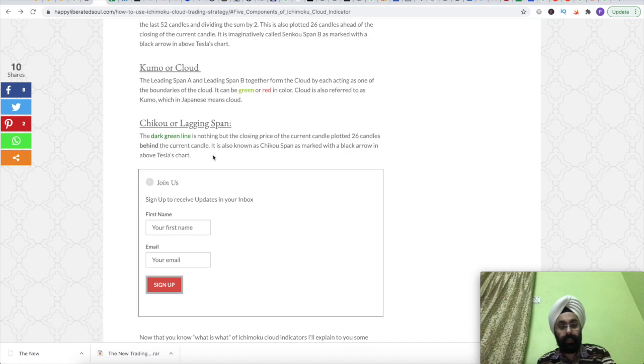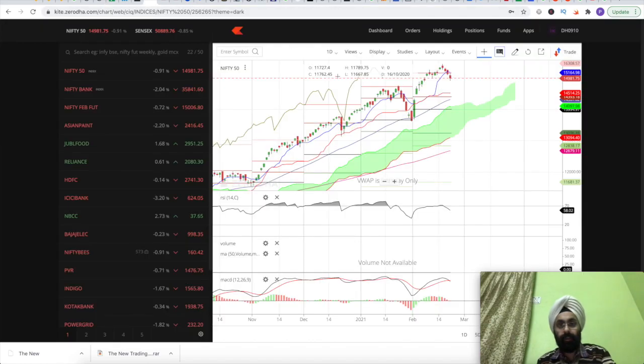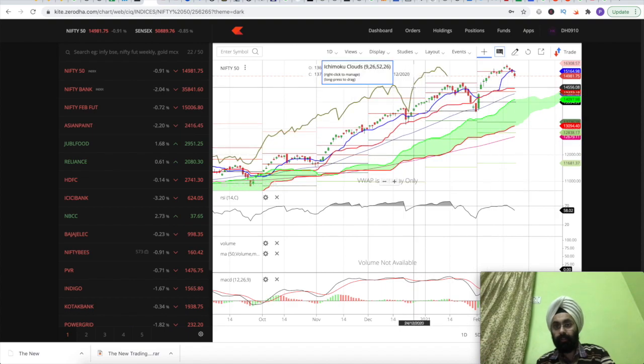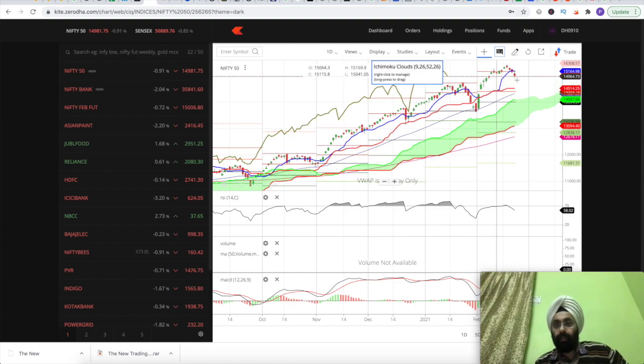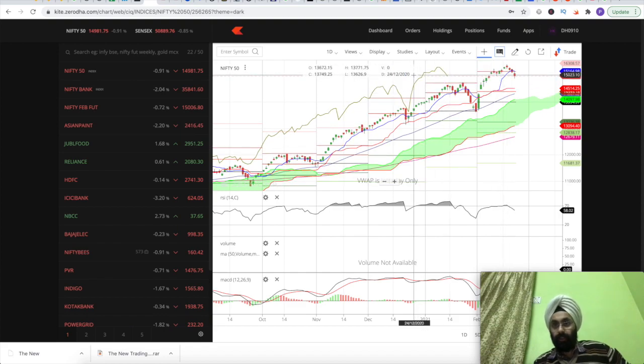Chikou span, this is what I am talking about, the green line. It is also known as the lagging span. It is simply the price of the current day's candle plotted 26 days behind. You can see here it is exactly the same as the closing price.